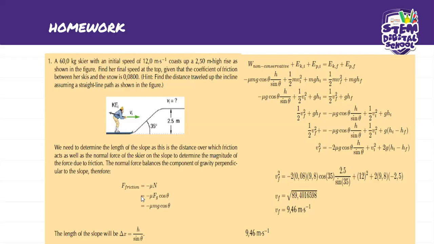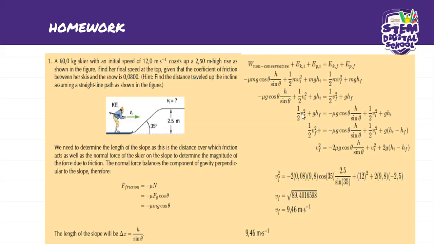Remember what work done is: the reason they have the friction and the change in X is because work done is equal to force times distance. That's why we have the H over sine here. And then we have our kinetic initial and potential initial, which will be equal to the final one that we find right here. So this is how we've broken everything down.